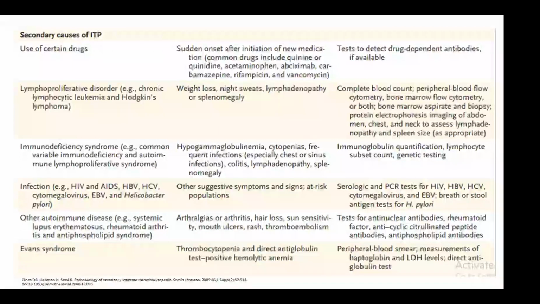We should also exclude other autoimmune diseases like SLE, rheumatoid arthritis, and antiphospholipid syndrome that cause secondary ITP. These patients usually complain of arthralgia, arthritis, hair loss, sun sensitivity, mouth ulcers, and thromboembolism. We diagnose them by doing tests like ANA, rheumatoid factor, ANCA, and antiphospholipid antibody. Evans syndrome, these patients complain of thrombocytopenia and autoimmune hemolytic anemia.